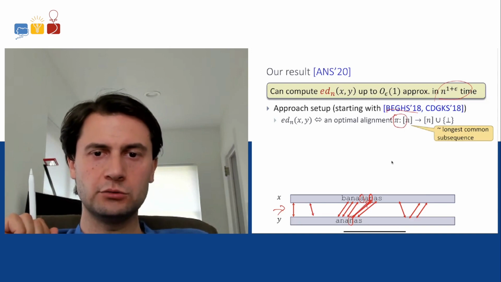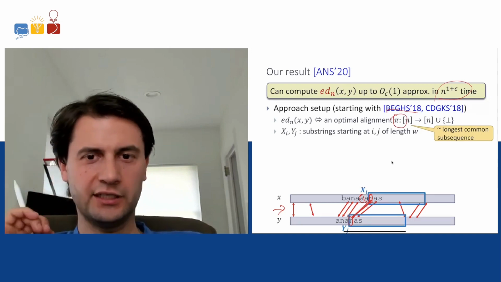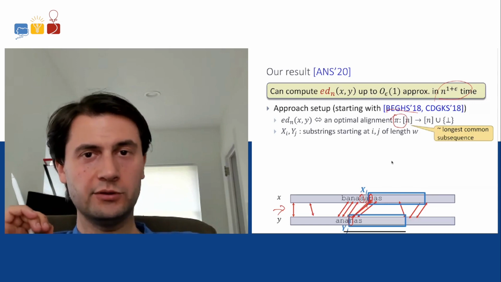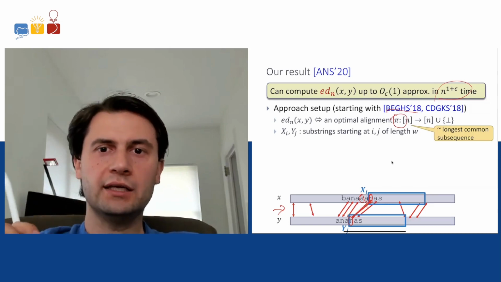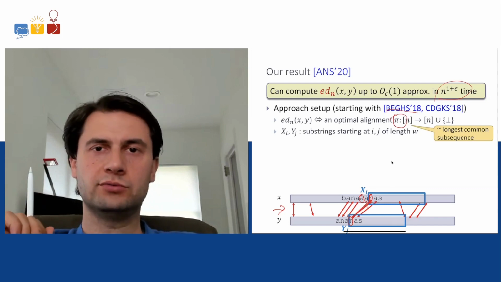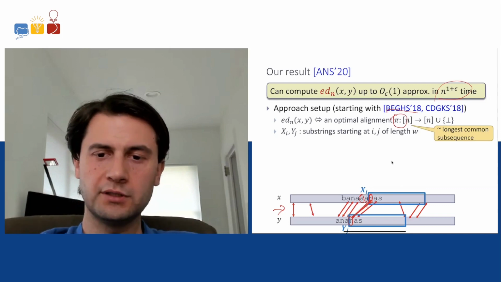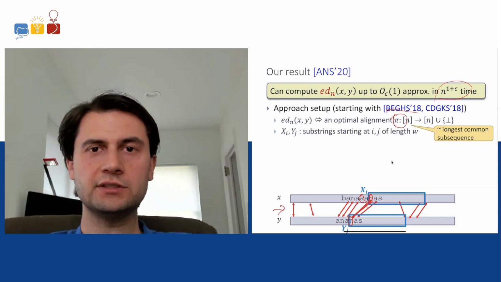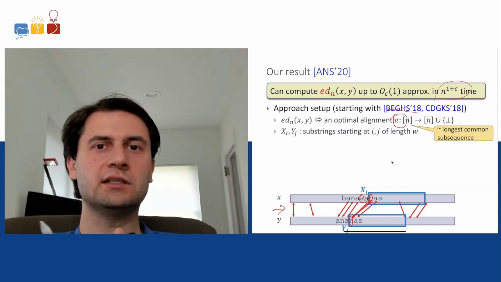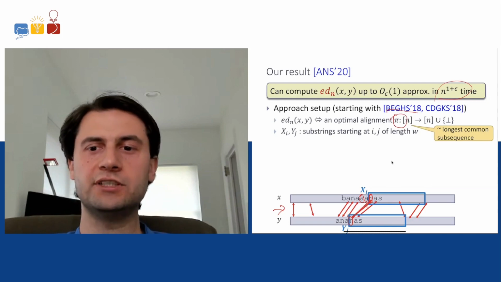Okay, so here is the actual setup. First of all, we'll be looking at substrings of x and y. We'll call them capital Xi and capital Yj. These are substrings that start at some position i and j respectively and have length w.